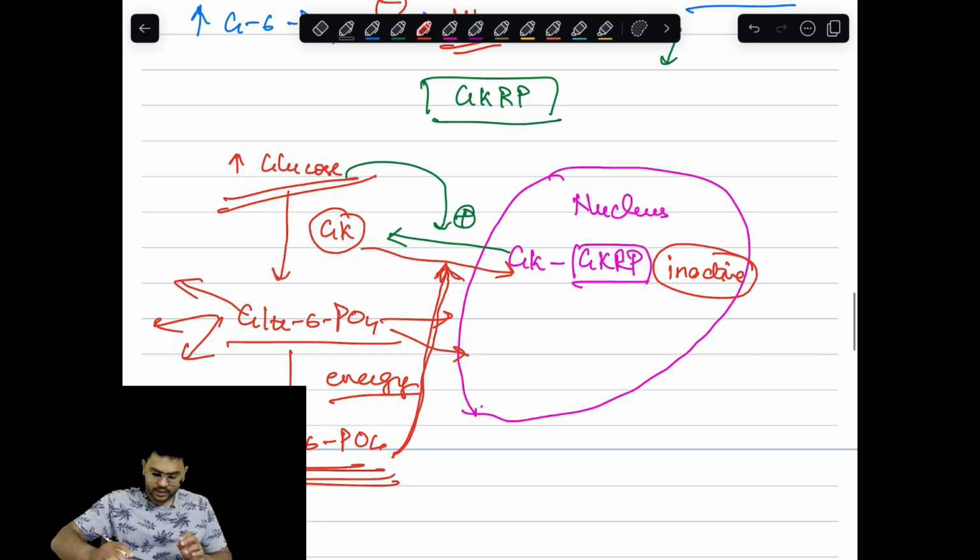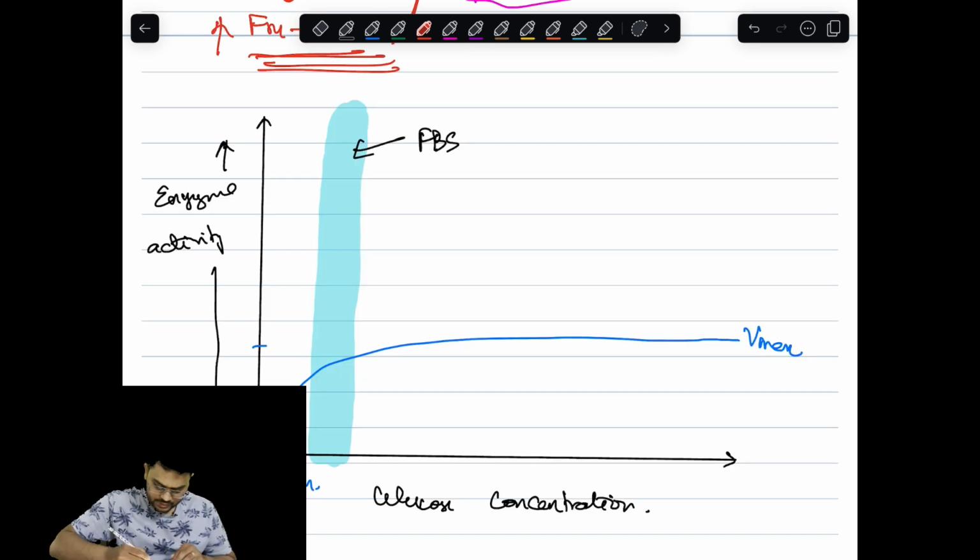But on the other hand, let us draw for glucokinase. It will look somewhat like this. So here is where the Vmax for glucokinase is. Half would be here, so here is where the Km is.